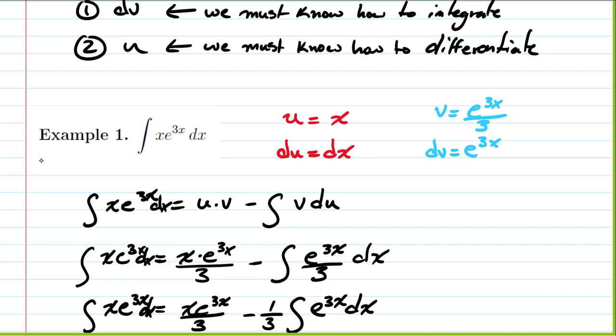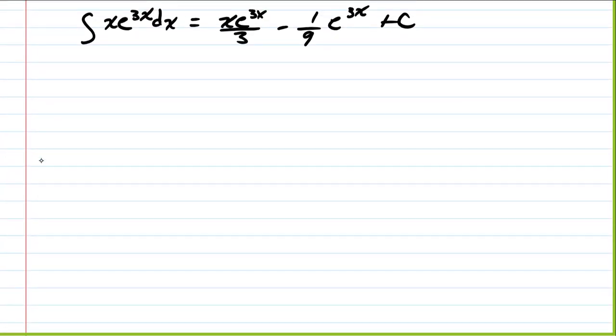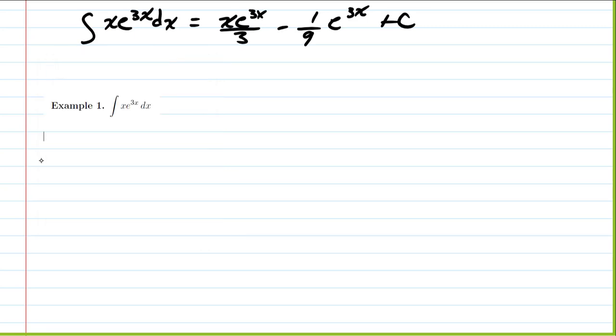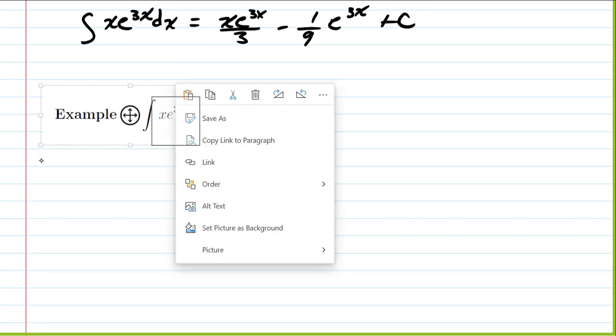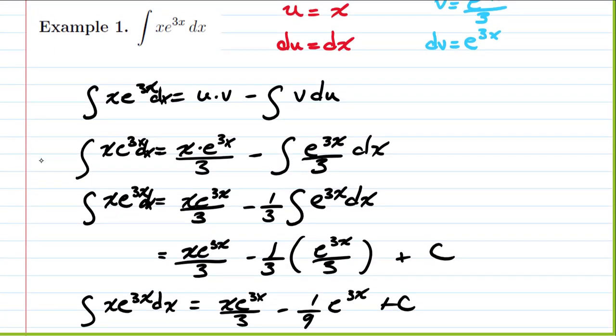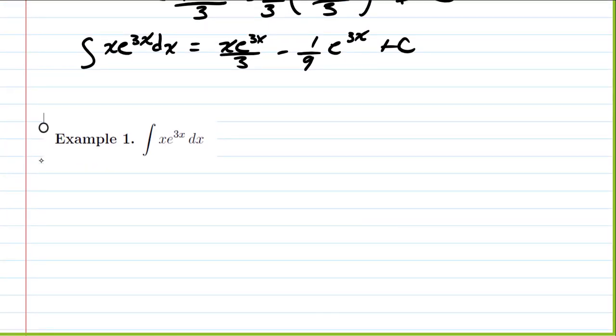I had also mentioned that we won't always get something better when we try the integration by parts formula. So I'm going to redo example 1, but in a method that's not going to make the problem easier. So what if we reversed our choice of u and dv?